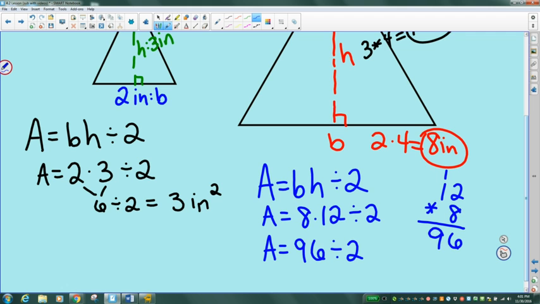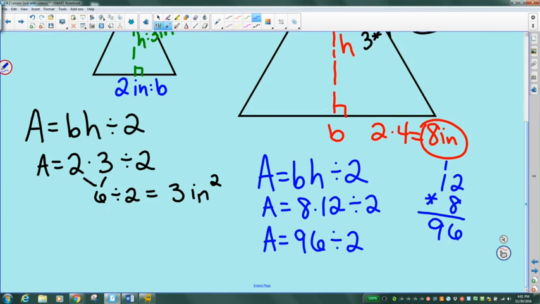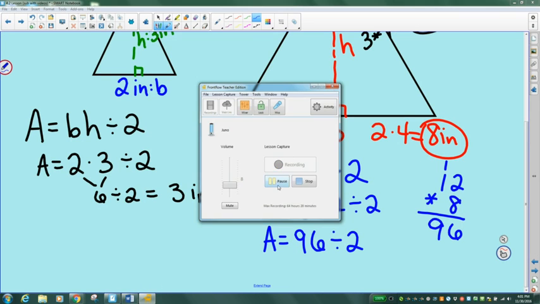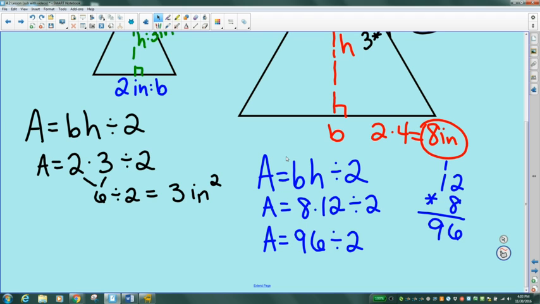Now I have to take 96 and divide it in half. So off to the side, 96 divided by 2.